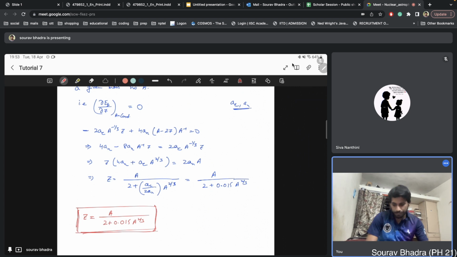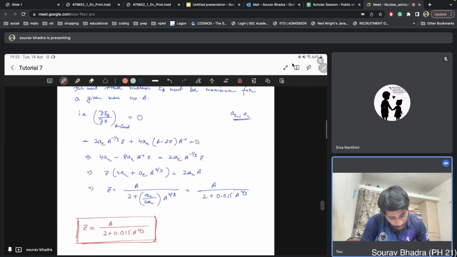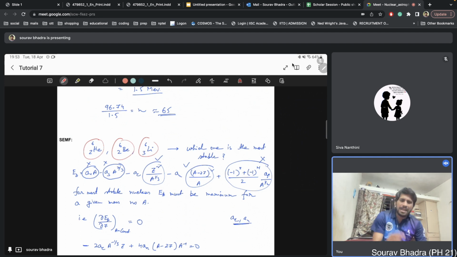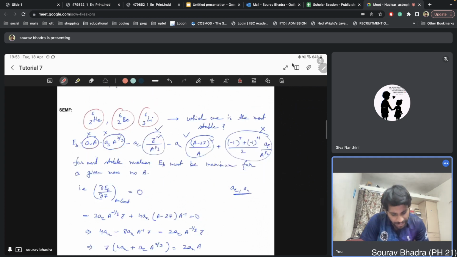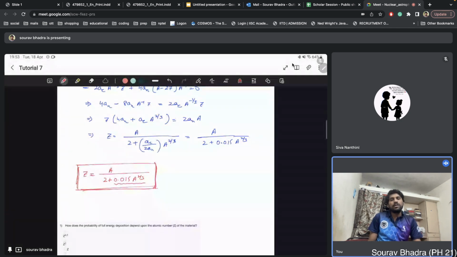Now we have been given helium, beryllium and lithium. For these, A is very small, they are light nuclei, and the second term, 0.015 A to the power 2/3 in the denominator, will contribute only when the A value is very high.